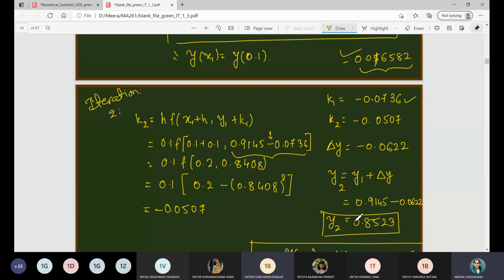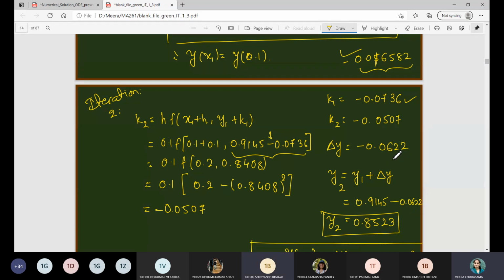Ma'am, I am getting 0.8524 because there is 5 after 3. Which value are you talking about? y2, ma'am, 0.8524 by rounding off. What is delta y in your case?